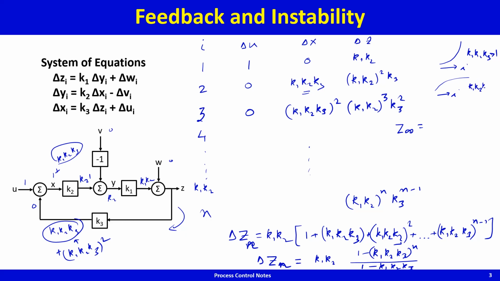And this value that it settles at is going to be k1 k2 divided by 1 minus k1 k2 k3, because as n goes to infinity, k1 k2 k3, which is less than 1, to the power n will go to 0. So you got to explicitly state k1 k2 k3 less than 1.